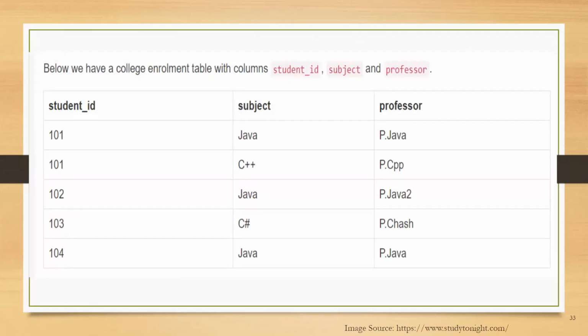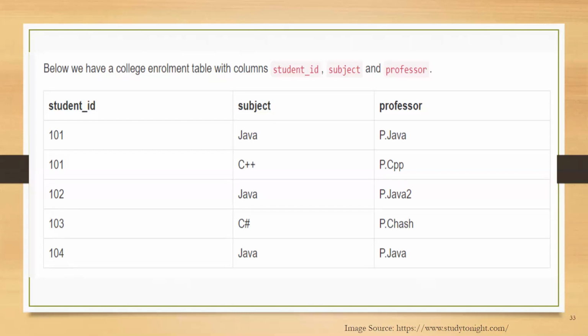So in this table, we can see that we have a student table with the fields student ID, subject, and professor. One student can enroll for multiple subjects. Like if I talk about the student with student ID 101, he has opted for subjects like Java and C++. For each subject, a professor is assigned, and there can be multiple professors teaching one subject, like in the case of Java, as you can see on your screen.